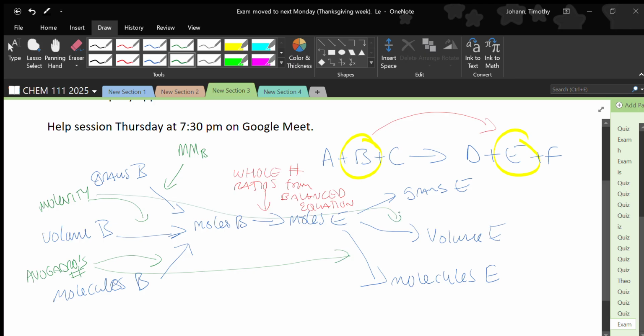It's going to be a little bit of a mess. But if we're going from moles to grams, we use molecular mass. If we're going from moles to volume, we use molarity. If we're going from moles to molecules, we use Avogadro's number again. Questions on the path?